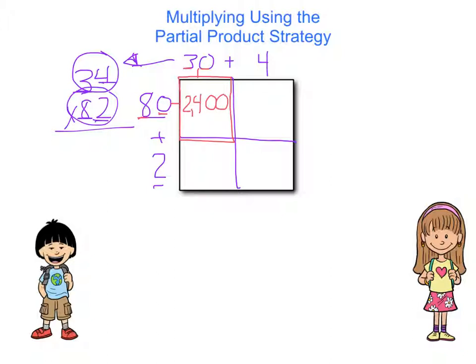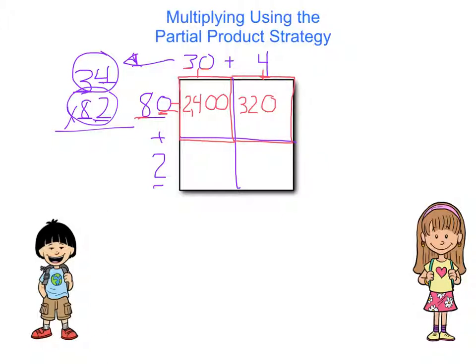It doesn't actually matter which box I go to next, but we'll go over to this one right here. In this box, imagine that the 4 is going to drop down, and the 80 is coming all the way across, and where they meet up, we're doing 80 times 4. Well, I know that 8 times 4 is 32. There was 1 zero at the end of that, so we're going to put a 0 there, so 320.